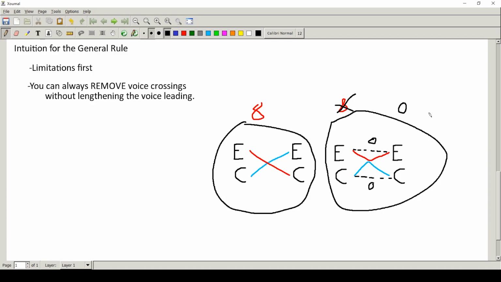So we know that removing crossings never makes it worse, but sometimes it can make it better. And the reason that it can make it better, if you have any background in math, is related to something called the triangle inequality, which says that if I've got a motion that goes like this in 2 different directions, a straight line between the 2 endpoints is always at least as short and often shorter.